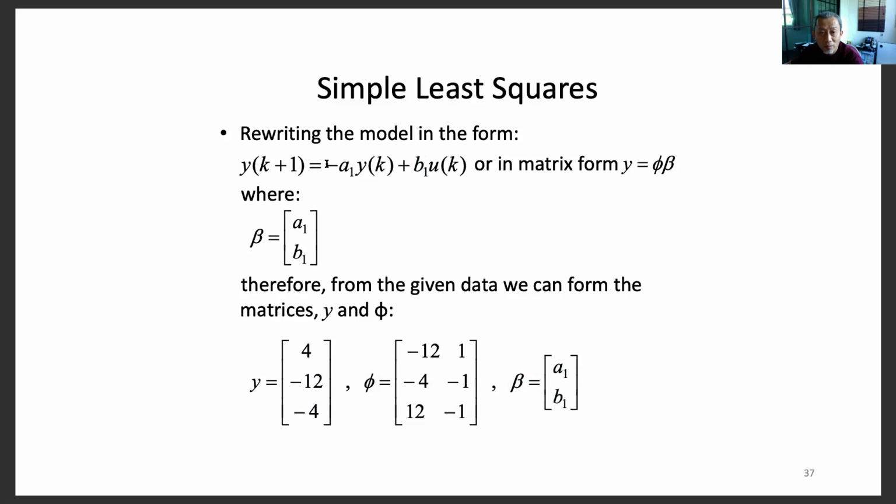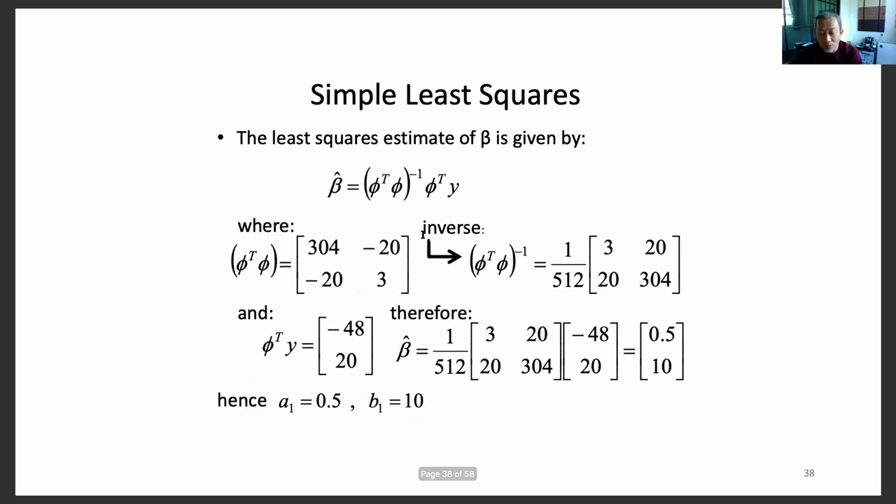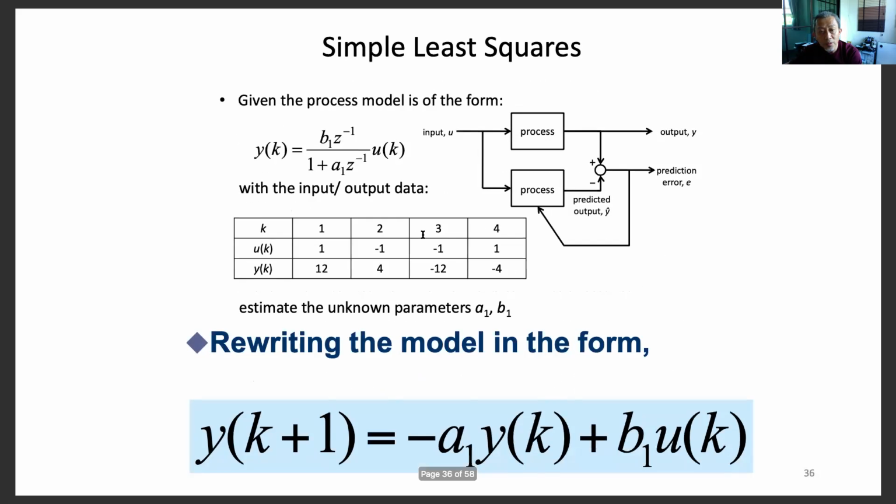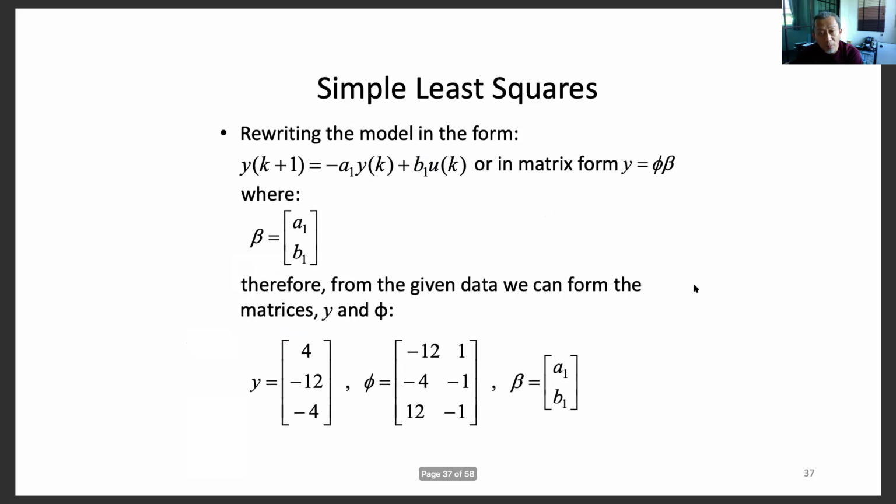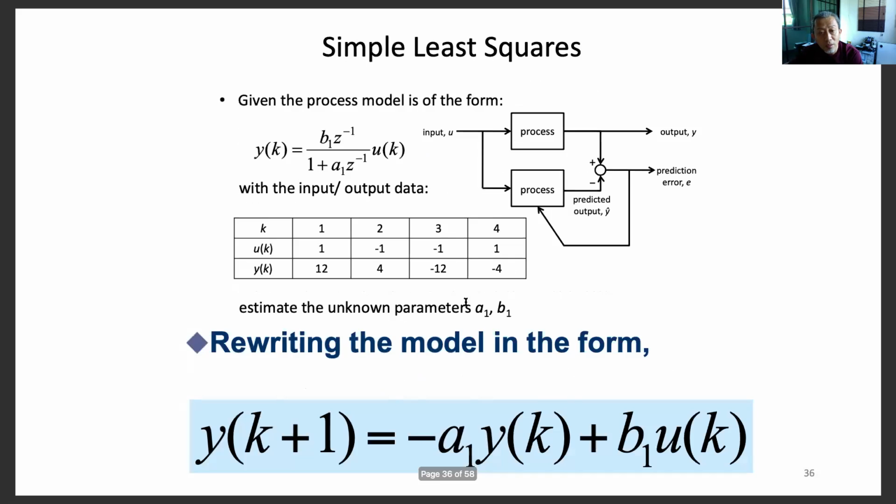So we have to find minus y k from the table and positive u k. Minus y k is obtained from here: minus positive 12, minus 12.